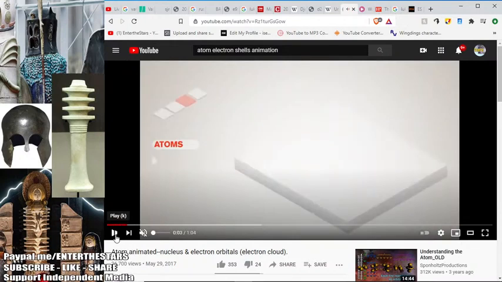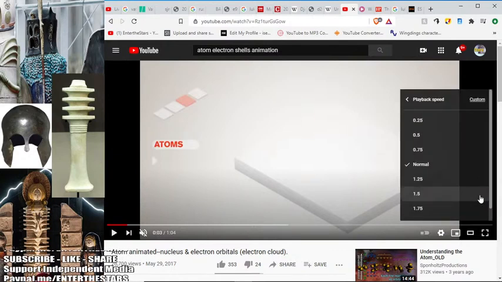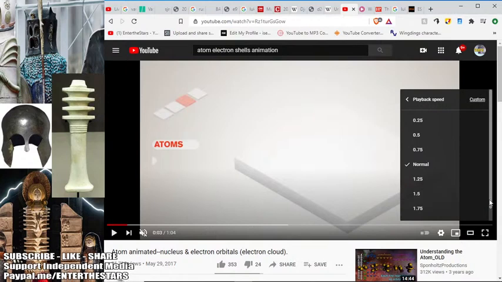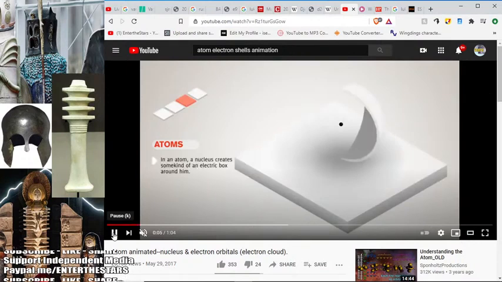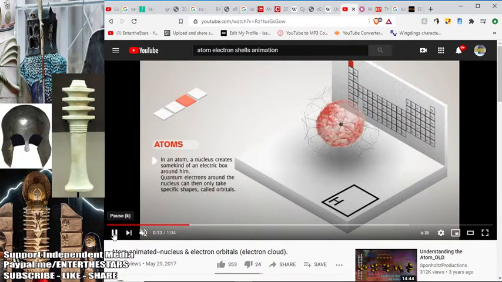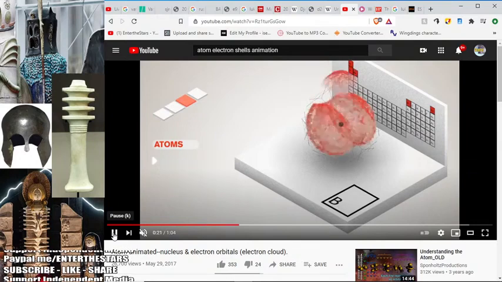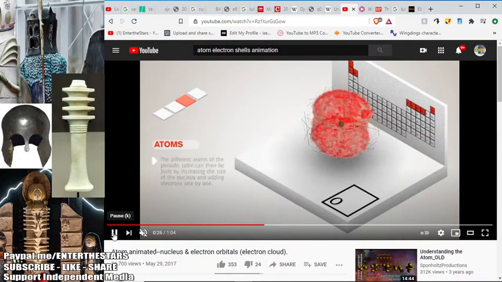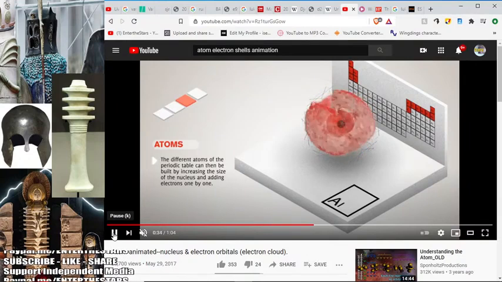So I'm going to change the speed on this, I don't want to get any copyright issues. We're going to go to 2x speed. Watch this. It starts with the basic first element, hydrogen, and it just keeps building. It's literally Russian dolls as you go up in the periodic table of elements.